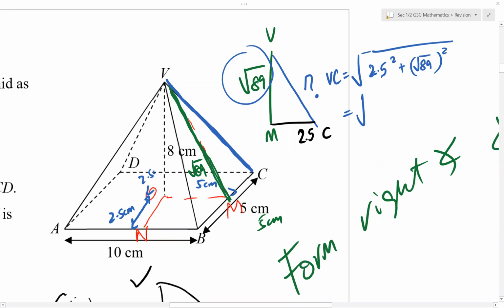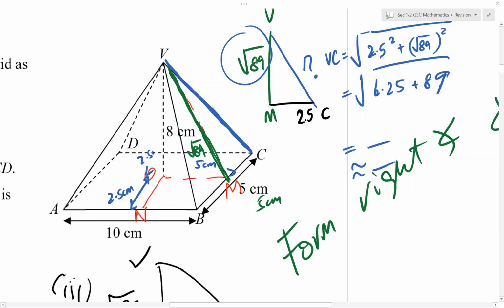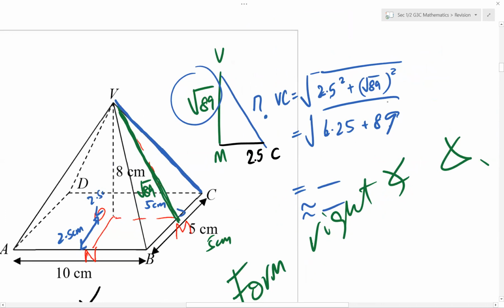So this is 6.25 plus 89, and round off. Okay, this very nice integer 89, I managed to get it because I did not evaluate my square root 89.